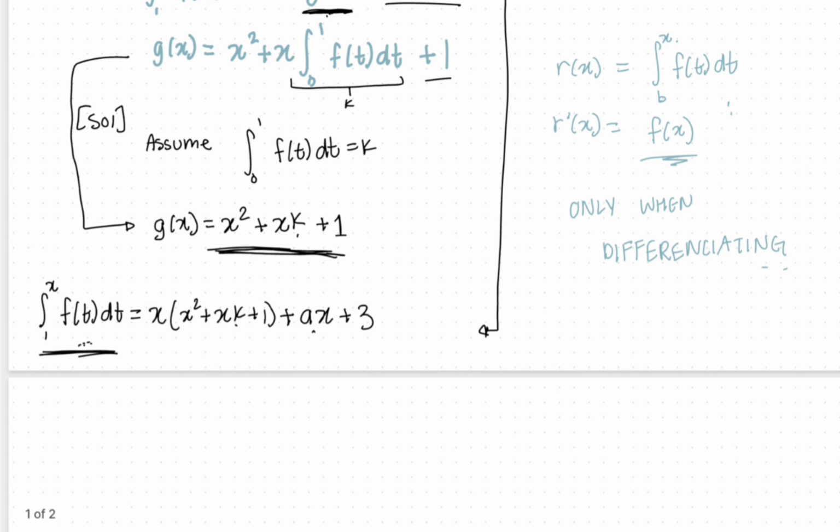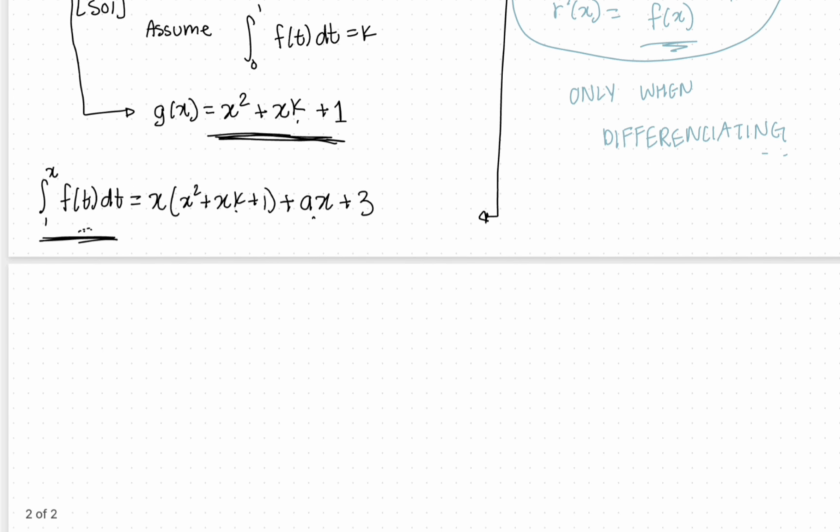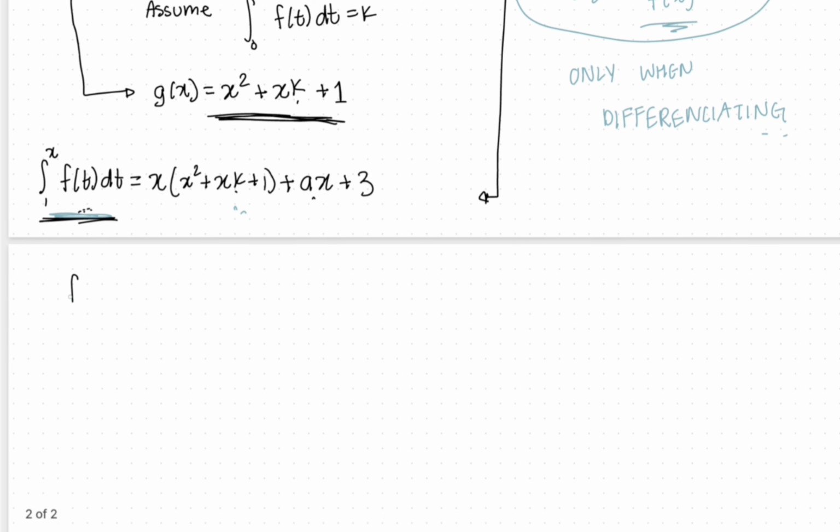But remember, this is only true when you're differentiating, not when you're solving the integral. And here we can apply this because we are differentiating both sides. We're not solving this integral, but we're differentiating both sides. So if we differentiate both sides, let's replace that t with x.